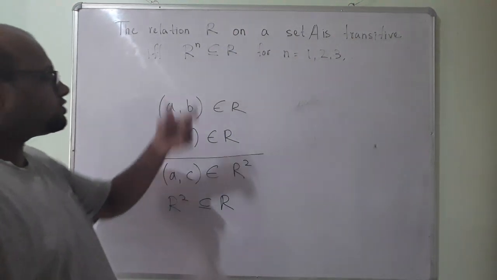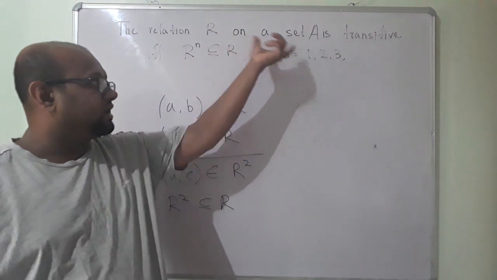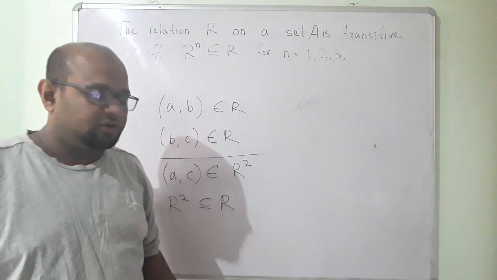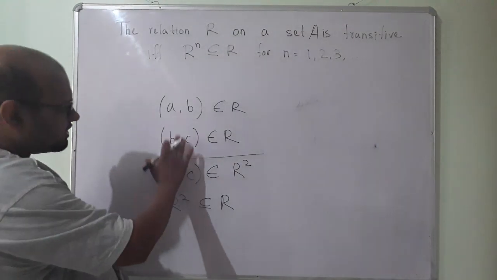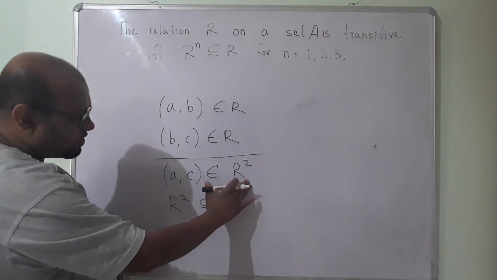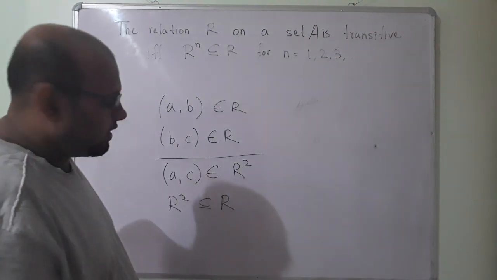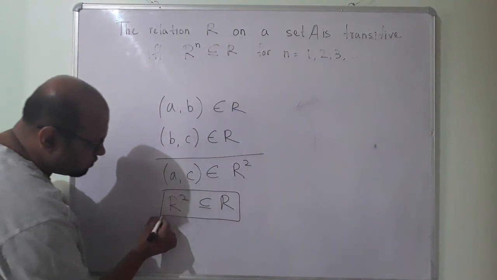Why do we know? Because we are trying to prove that if R to the power n is a subset of R, then R is transitive. Now we know if this belongs to R, then this belongs to R square. We have been given that this is true.